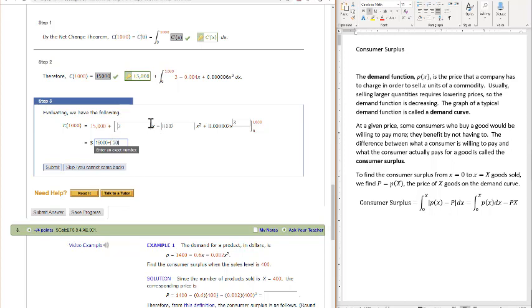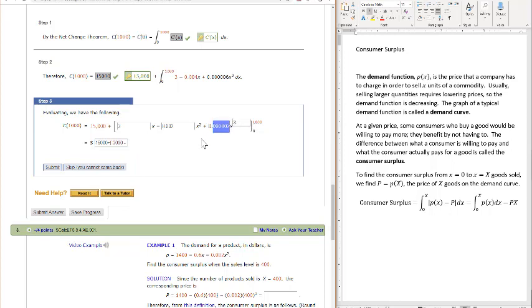So 3 times 1,000 is 3,000 minus, this is going to be 1,000 squared, so 1, 2, 3, 4, 5, 6 zeros, and that would move the decimal 1, 2, 3 places, so it's 2,000, and then we have to the third power.